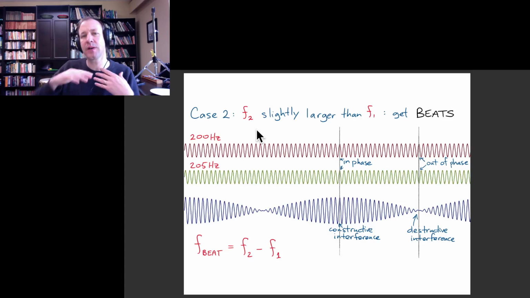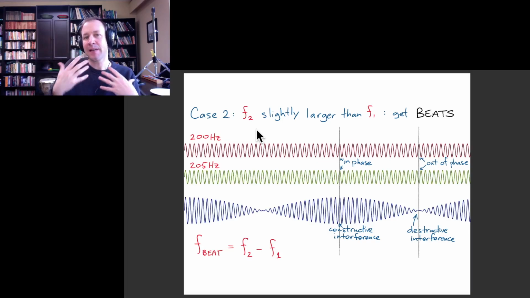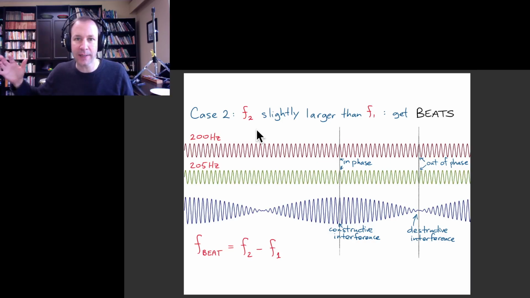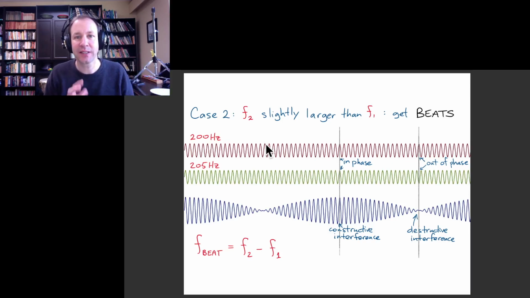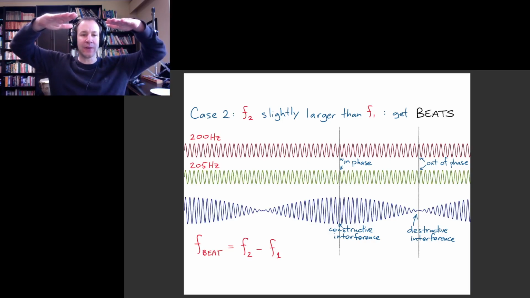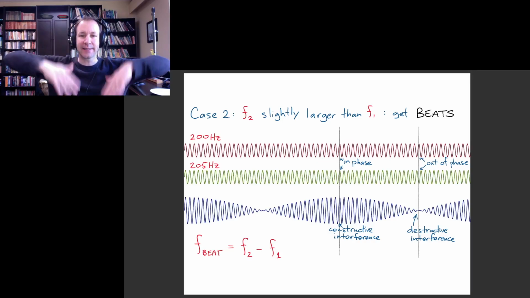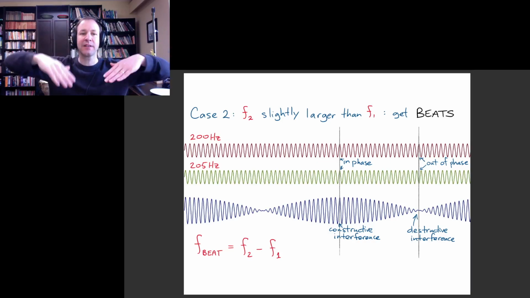So what you heard was that single tone that we started with, it appeared to get louder and softer and louder and softer in a regular way. So we can understand this using this constructive and destructive interference phenomenon. Okay, so let's imagine that we have those two sound waves pretty much oscillating together, so adding up and constructively interfering.